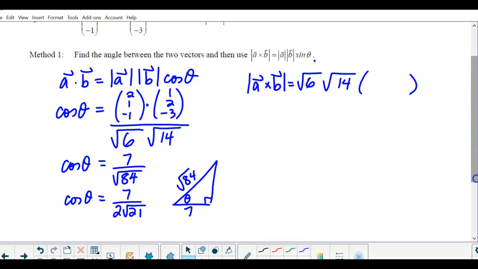Pythagorean theorem, 84 minus 49 is 35 square rooted. Simplify that. Which is just, that's how we got root 84.